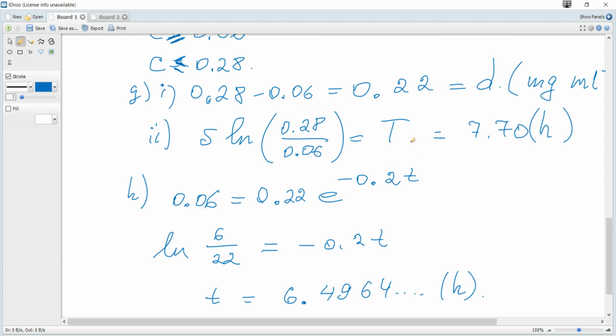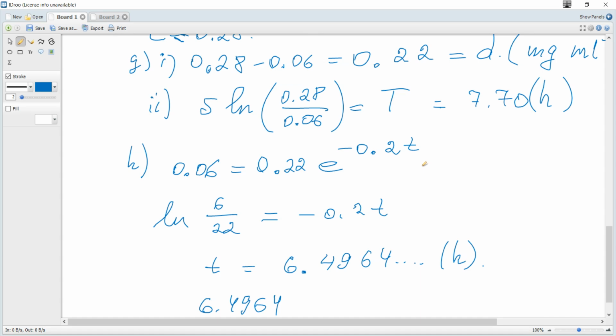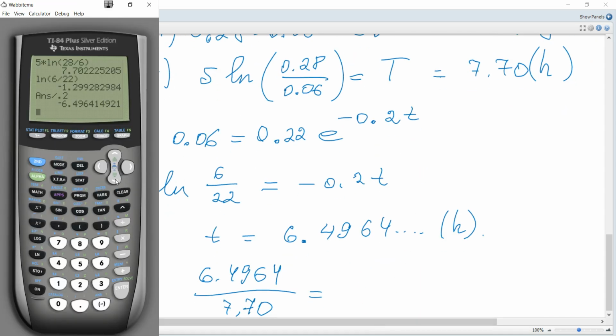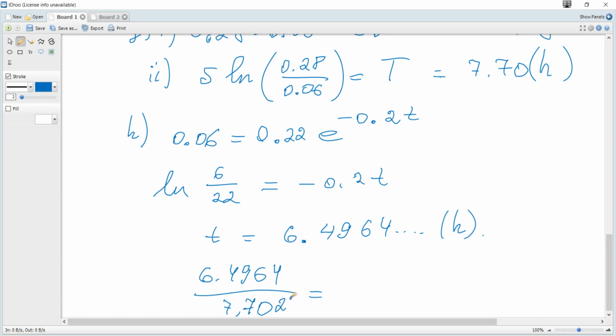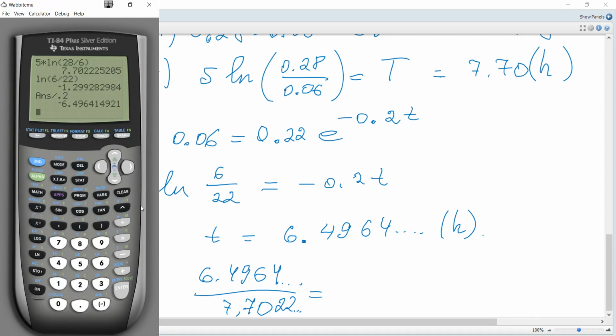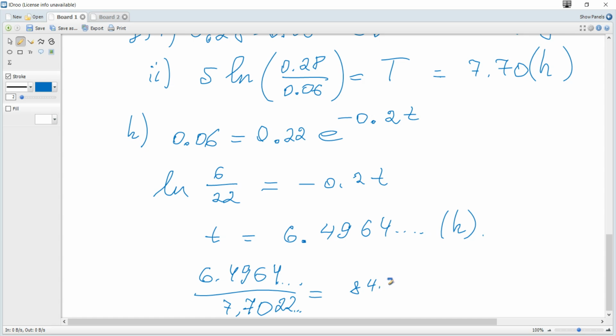It would be better to take T as exact too. So this divided by 7.70 is approximately 84.3% of time to 3 significant figures, and you may multiply by 100% to get it as a percent.